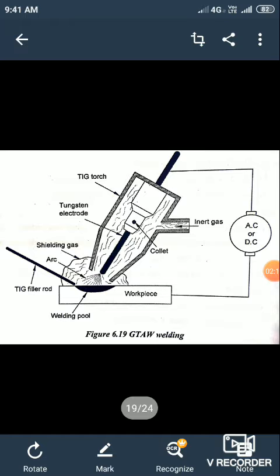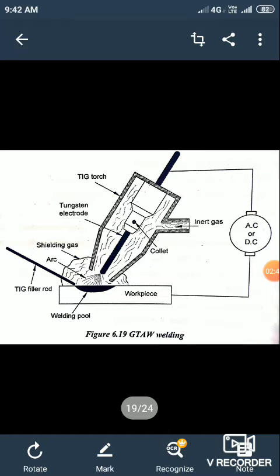While supplying the electric power between electrode and workpiece, the inert gas from the cylinder is passed through the nozzle of the welding head around the electrode. So simultaneously, when we are giving electric current, inert gas from an inert gas cylinder is passed in and around the electrode through the nozzle of the welding head.